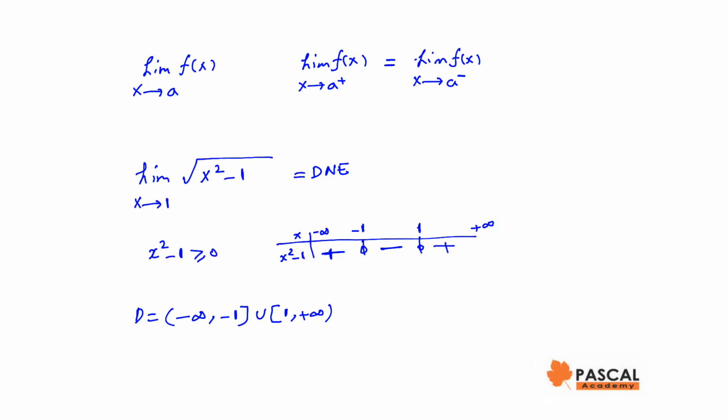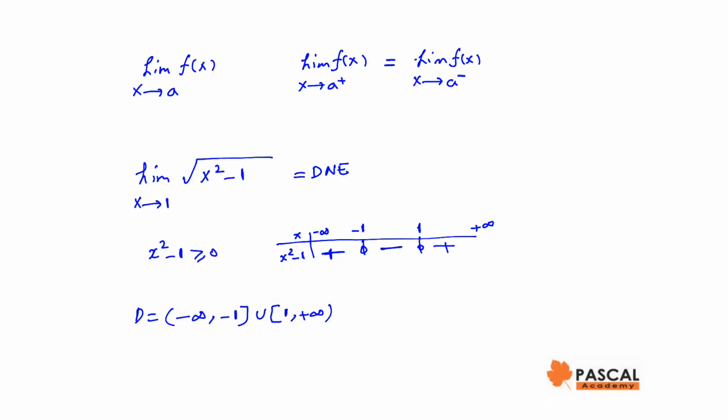And for x more than 1 or less than negative 1, x² minus 1 is positive. This means domain of f of x equals square root of x² minus 1 is from negative infinity to negative 1, 1 is included, or from 1 to positive infinity, 1 is included.